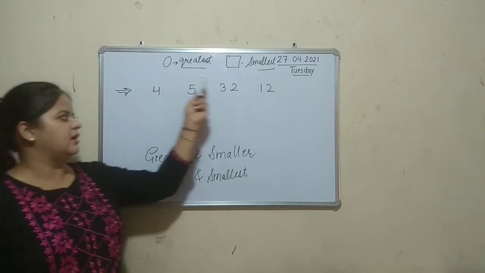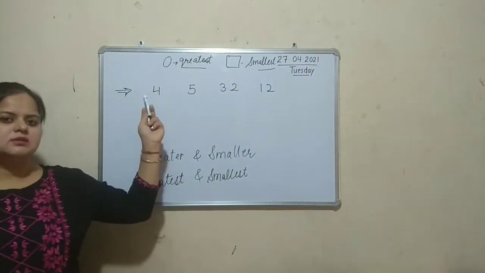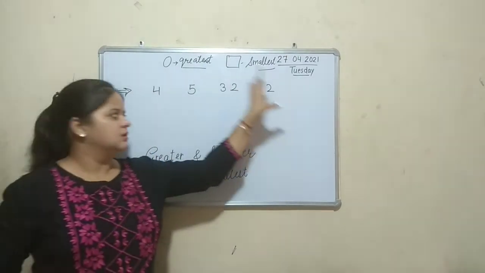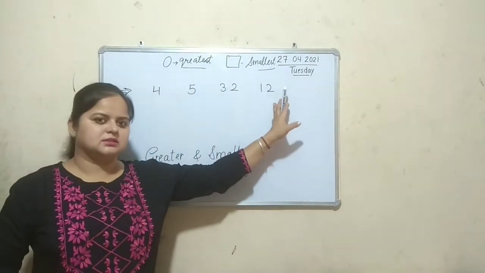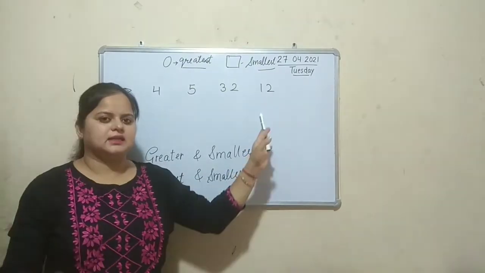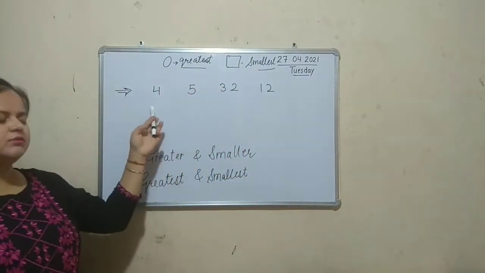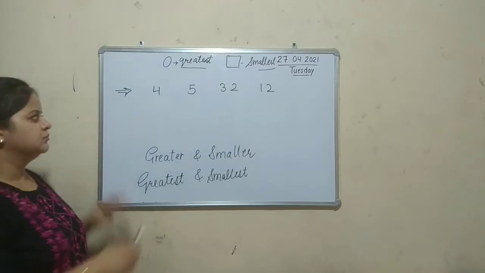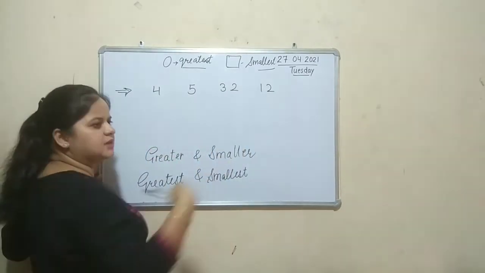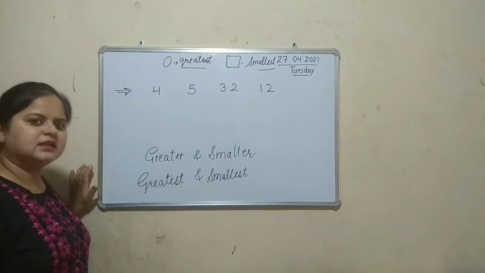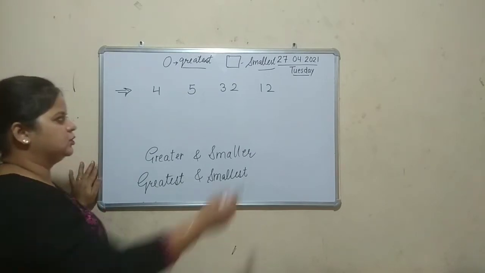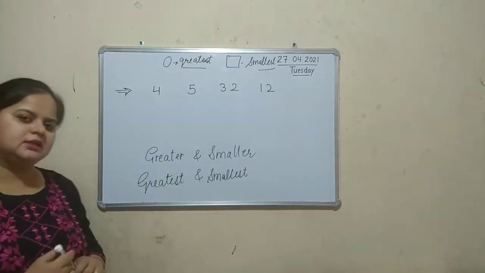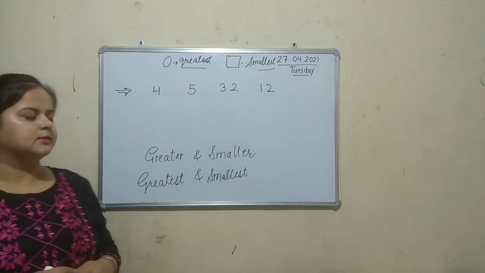And if we have more than two numbers, then the number which is bigger than all the numbers is the greatest, and the smallest in all these is the smallest number. The biggest number among these 4 numbers is called the greatest number, and the smallest number is called the smallest number.